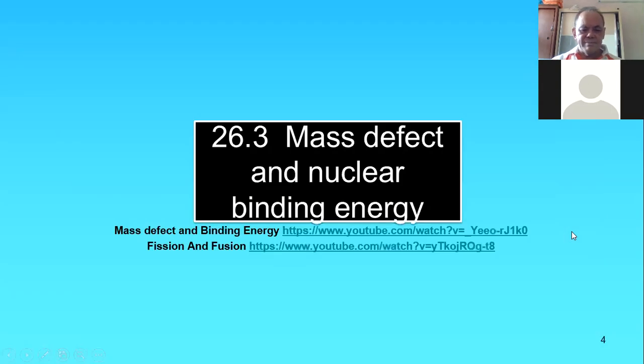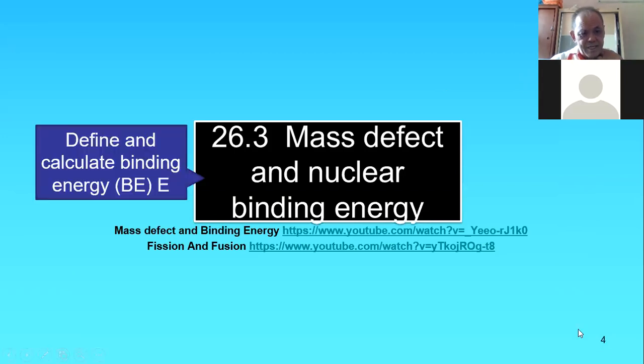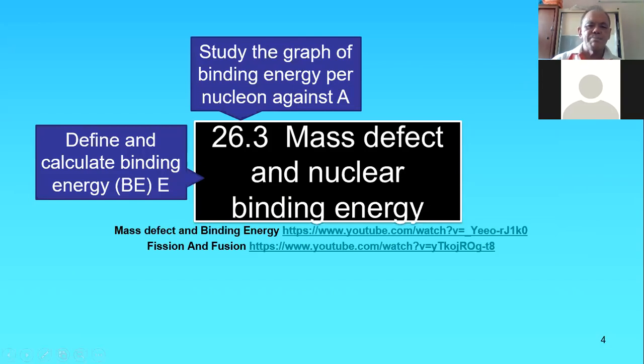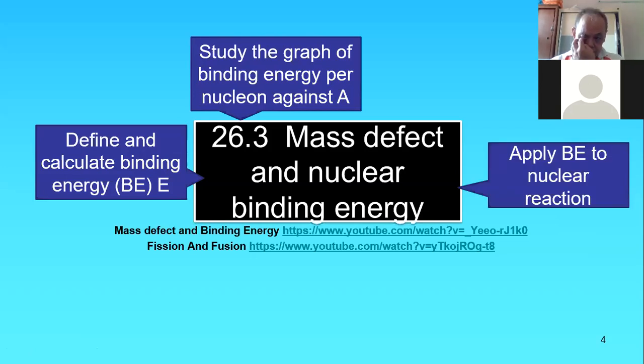Okay, mass defect. Right? We define and calculate binding energy by the symbol BE or E. Study the graph of binding energy per nucleon against A, and then we apply our binding energy to nuclear reactions.